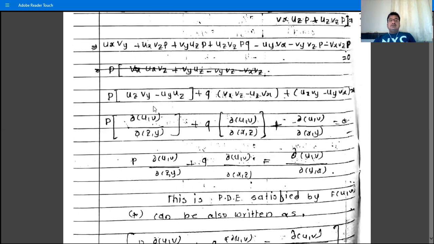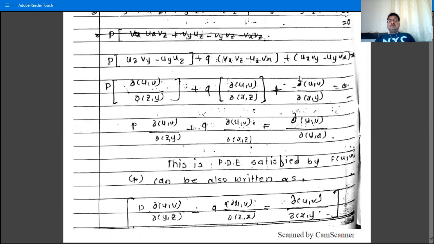So this is the term p, and this is the Jacobian ∂(u,v)/∂(z,y). It is the determinant: ∂u/∂z, ∂u/∂y, and ∂v/∂z, ∂v/∂y. Okay, so this is ∂(u,v)/∂(z,y), and this is ∂(u,v)/∂(x,z), and this is the Jacobian ∂(u,v)/∂(x,y).